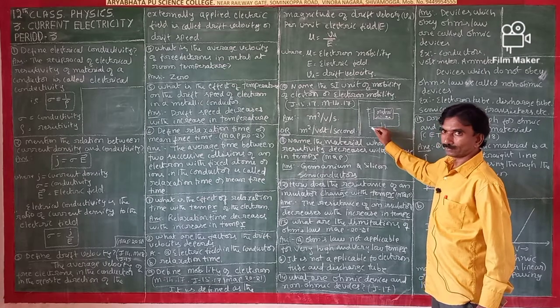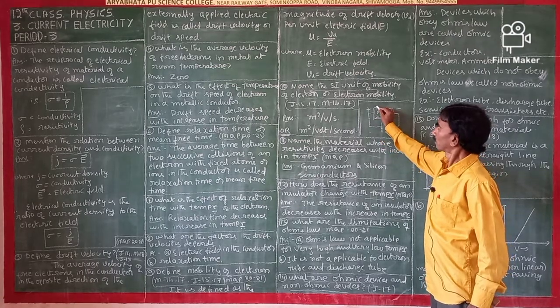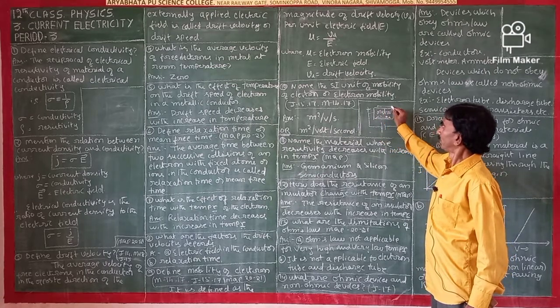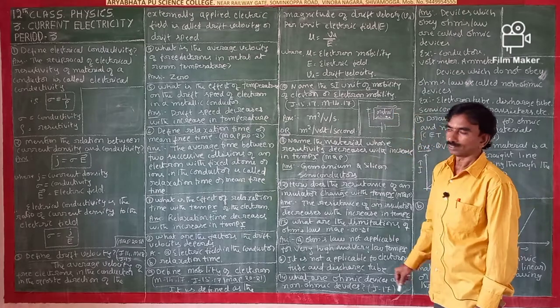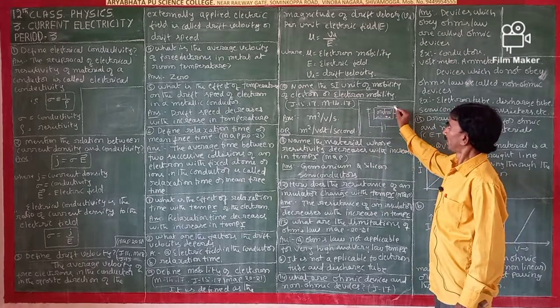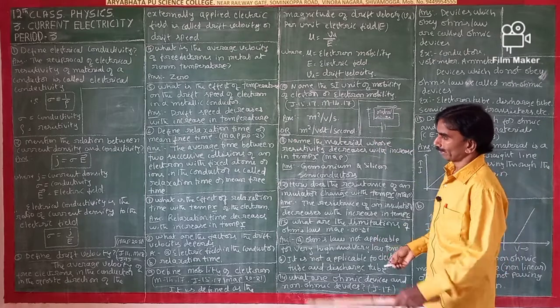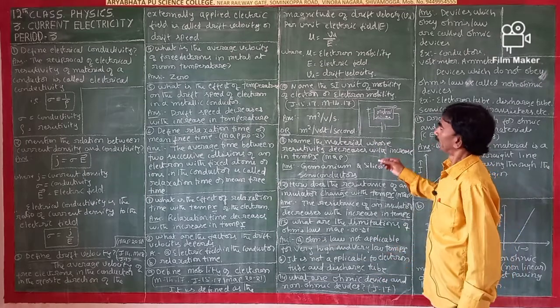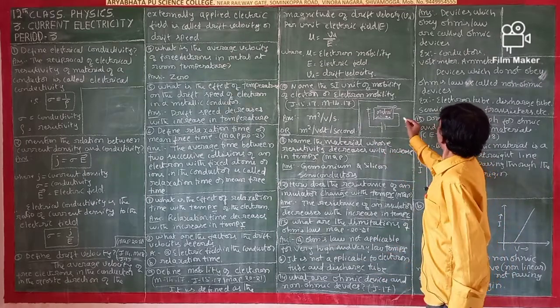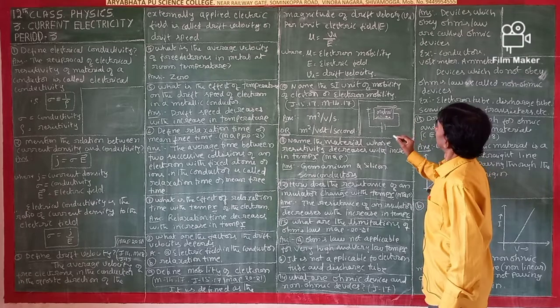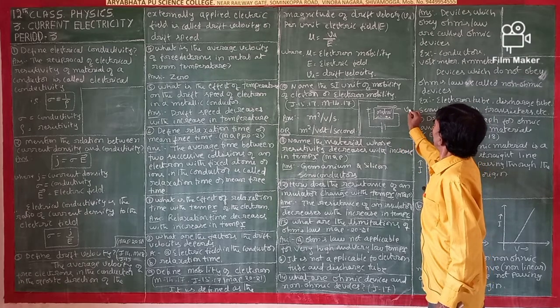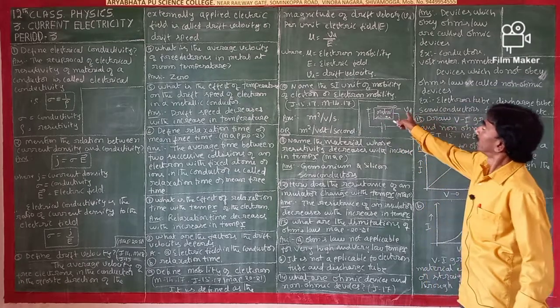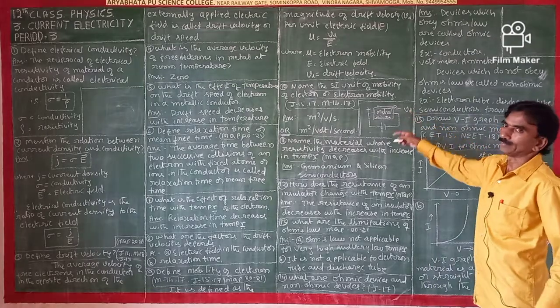When an electrical field is applied, the electrons try to drift in the opposite direction of the field. This is called the mobility, that is, drift velocity. Vd is the drift velocity, where drift means drift and v means velocity.